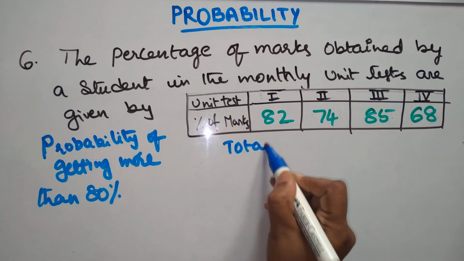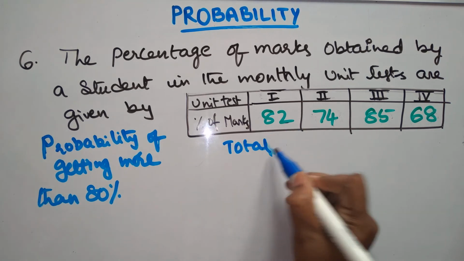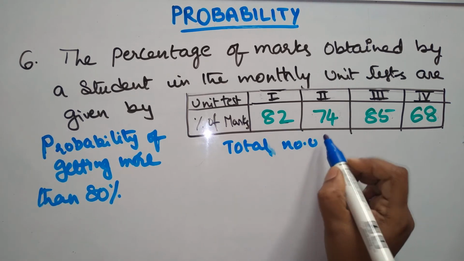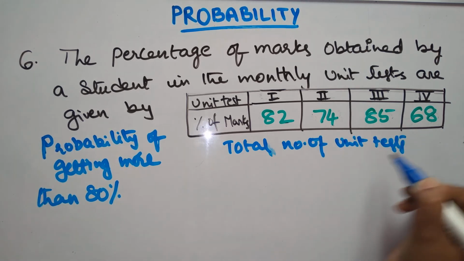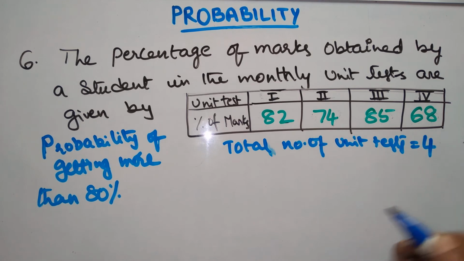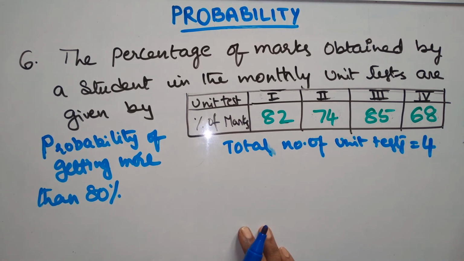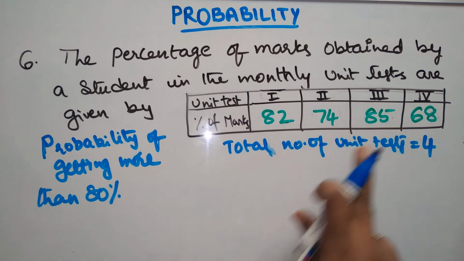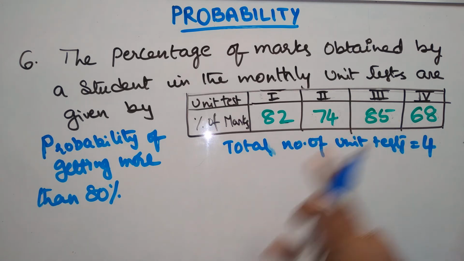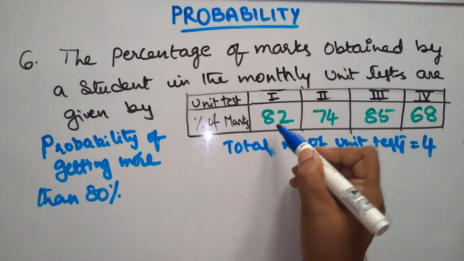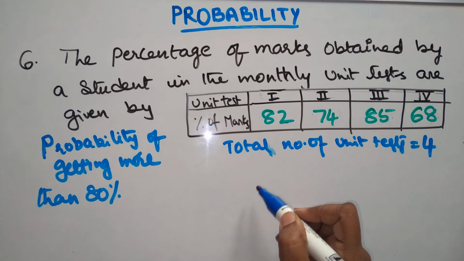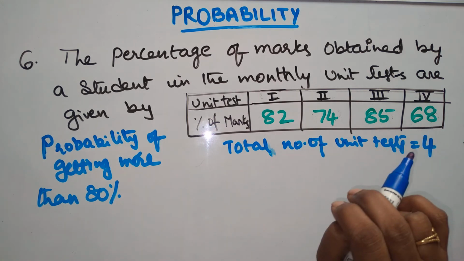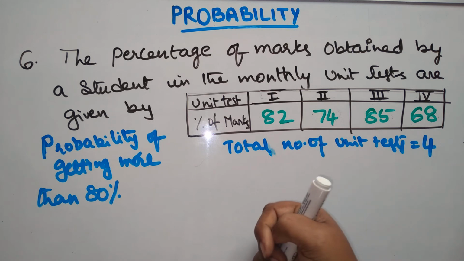Total number of unit tests is equal to 4. 4 unit tests were conducted. Now you see the data clearly. In how many unit tests did the student get more than 80%? In the first unit test he got 82 and in the third unit test he got 85. So in 2 unit tests he got more than 80%.